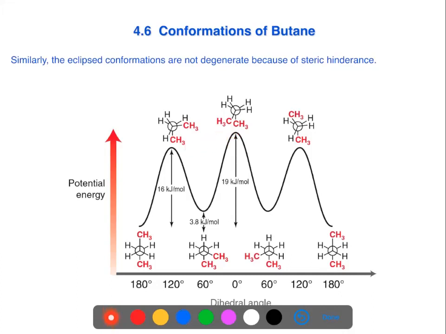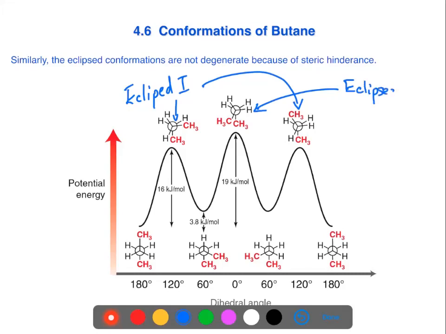So I'll just write that in. We often refer to this as the eclipsed one, as well as this particular system, and this system we refer to as the eclipse 2, just to designate that those are different conformations for butane.